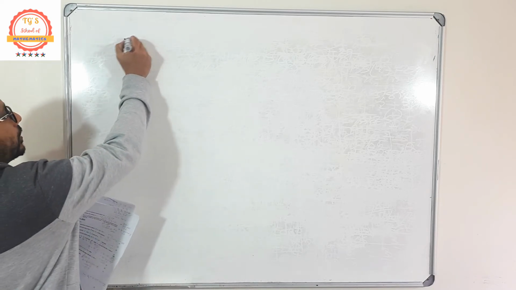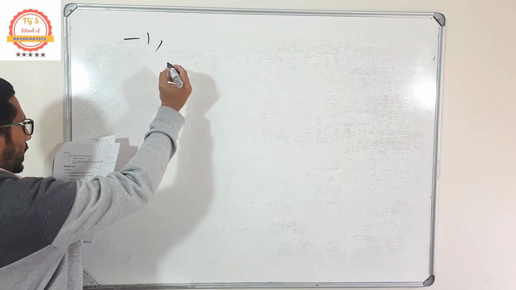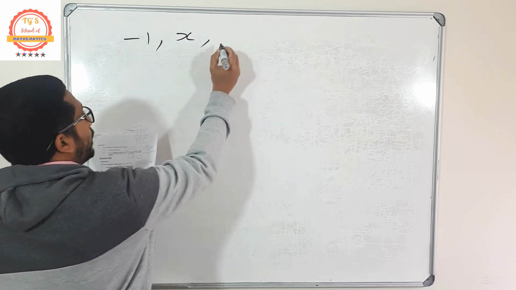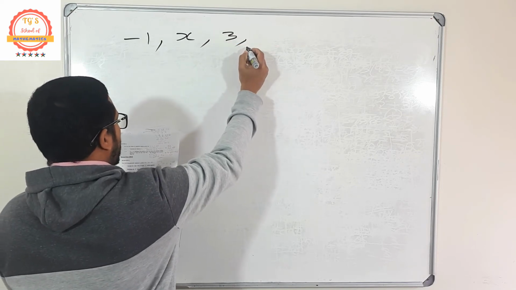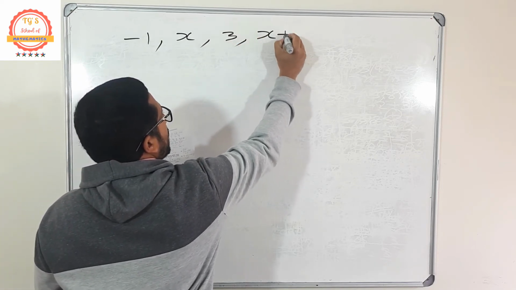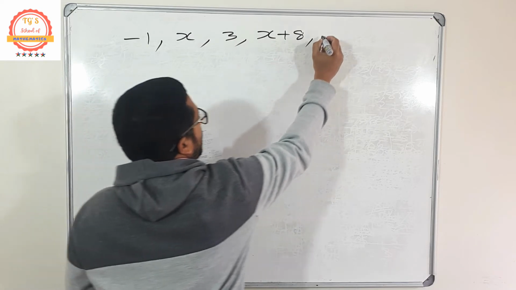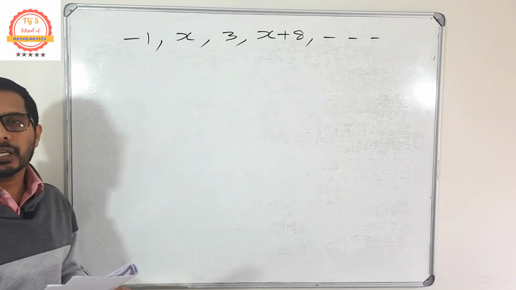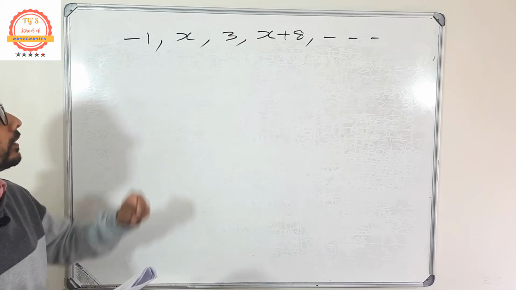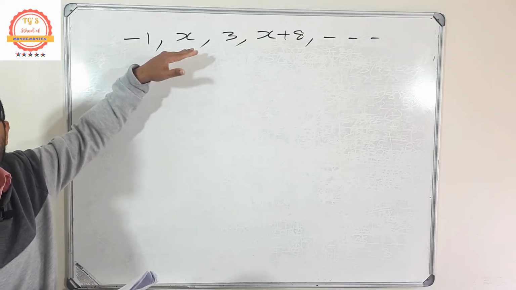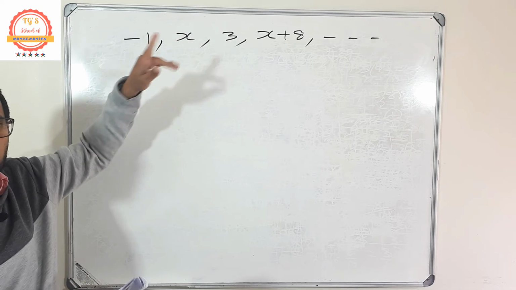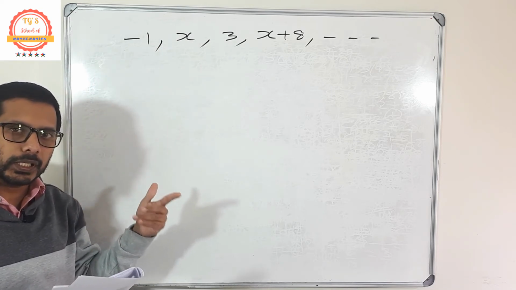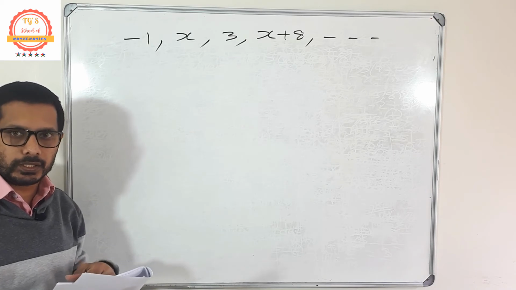These are the first 4 terms of a quadratic number pattern. So immediately in your mind it must come, quadratic number pattern means second differences are the same.